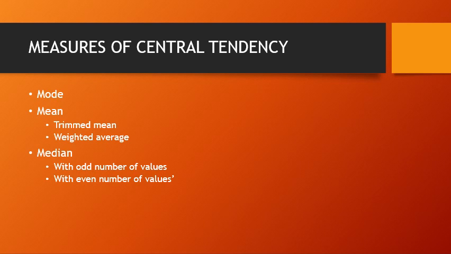When we look at the mean, we're going to look at what a mean is, and some fancier things that we can do with it. We call those the trimmed mean and also the weighted average. I don't know why they decided to use the word average. It really means the same thing as mean, but we're going to go through that.